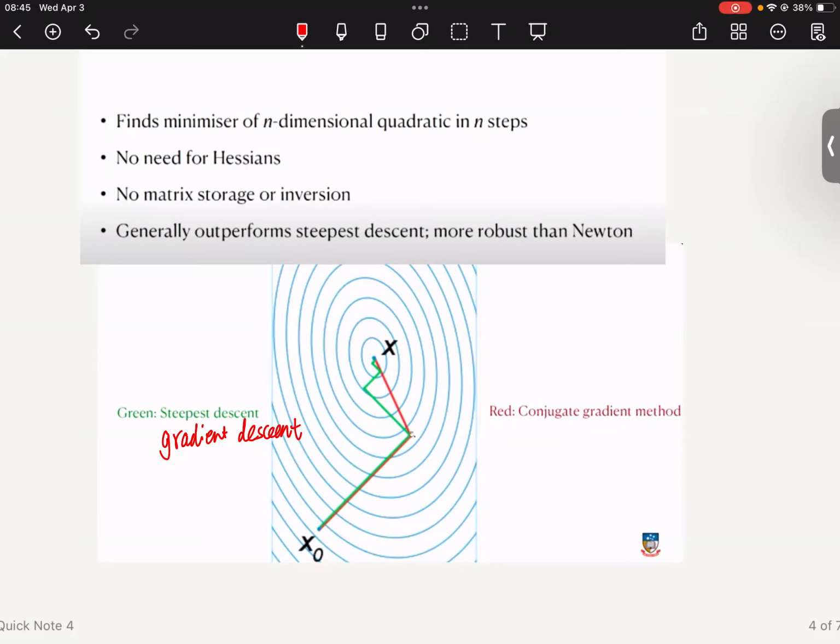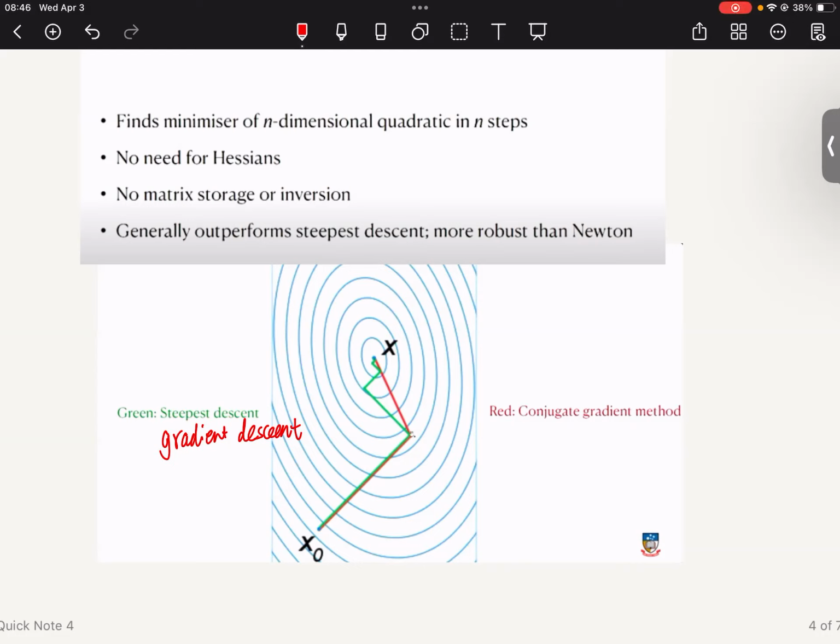What we are doing nowadays is the conjugate gradient method. The conjugate gradient method is not orthogonal to the contour here. It's actually orthogonal with respect to the matrix we have here; we say the directions are conjugate. The best thing about the conjugate gradient method is this: this is a 2-dimensional function in x and y, with some contour here.